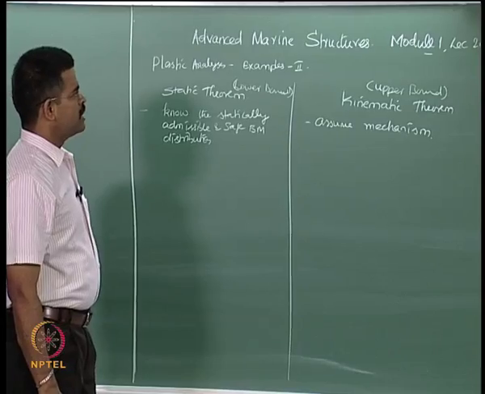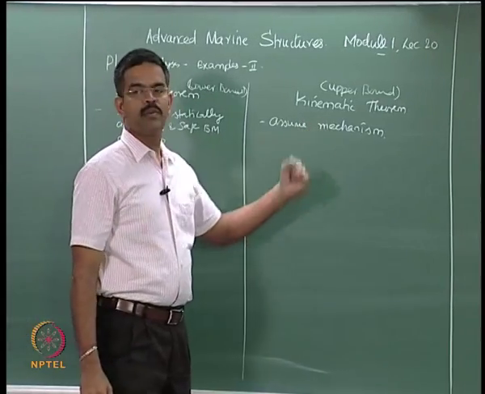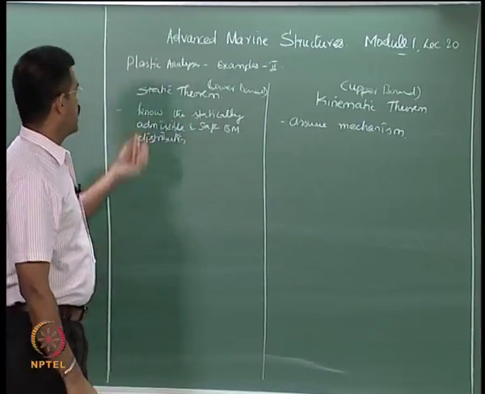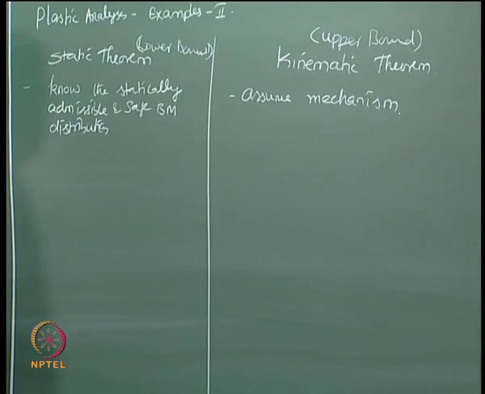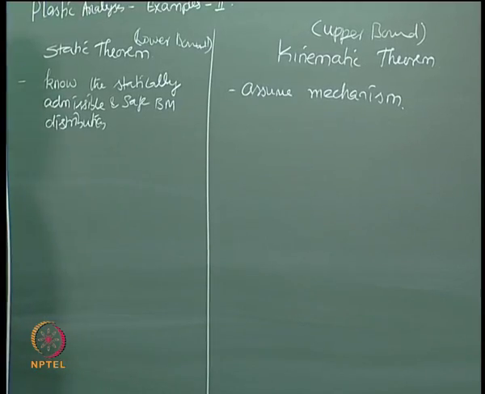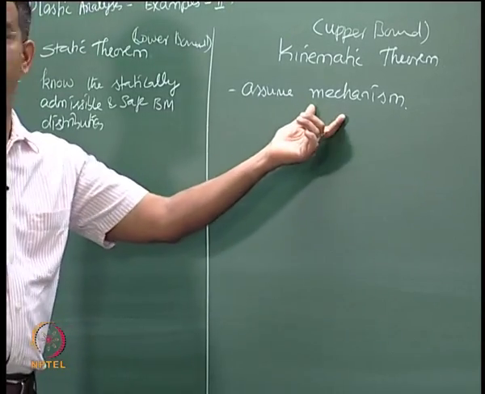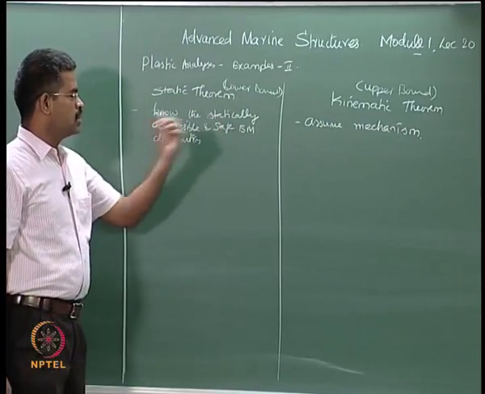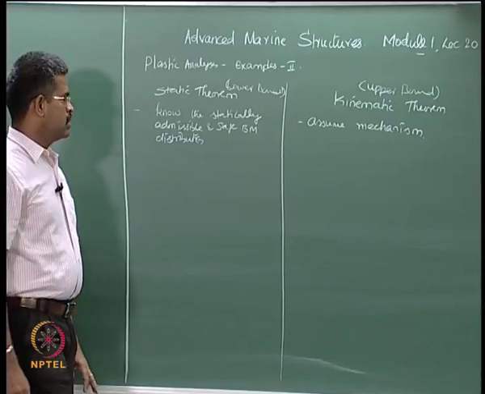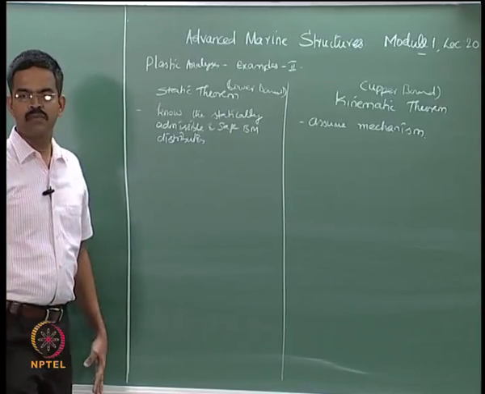So, the moment we understand that kinematic theorem needs me to assume a mechanism or static theorem needs me to do a safe bending moment distribution. So, for the structure to remain statically indeterminate of a very high order, I must know what are the possible mechanisms I will get in a given structural system, or I must know how to do the bending moment distribution for a structure which is statically indeterminate of a very high order.